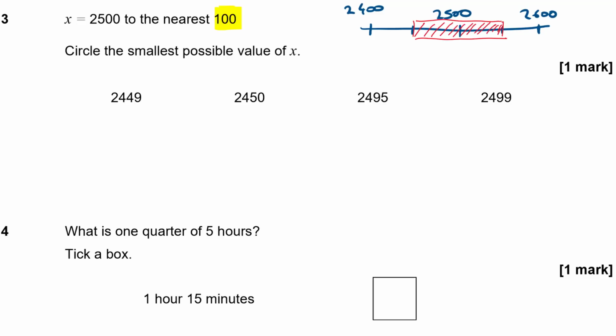Okay, so what are those values that are halfway between 2,400 and 2,500? That's going to be 2,450, and the other one is going to be 2,550. Now we want the smallest possible value of x, so it's going to be this one at the lower end, 2,450. That one there.